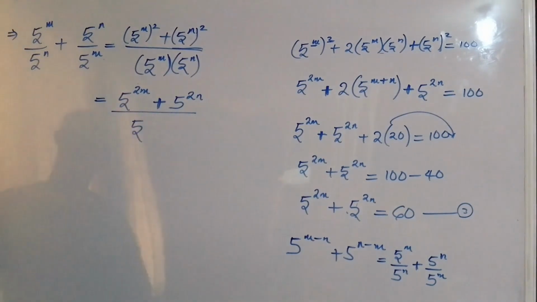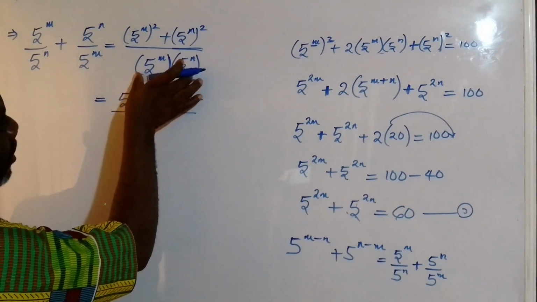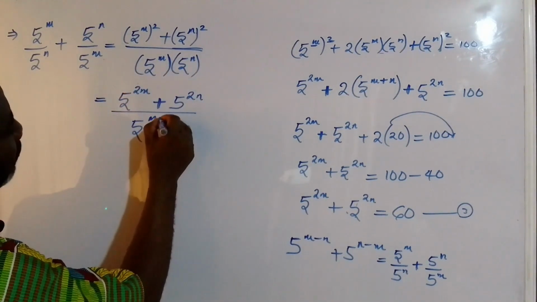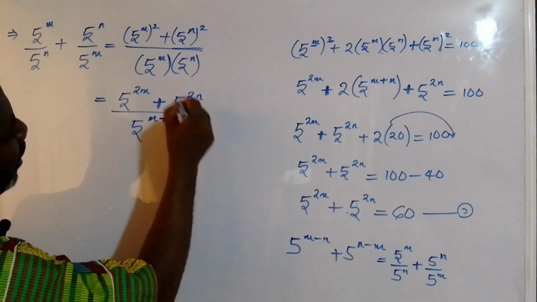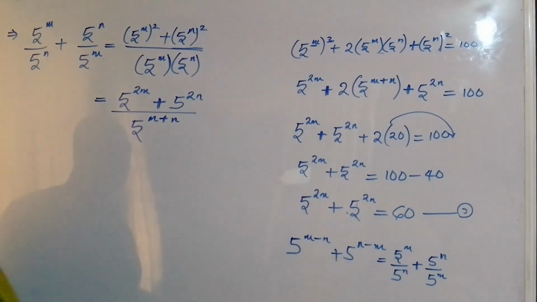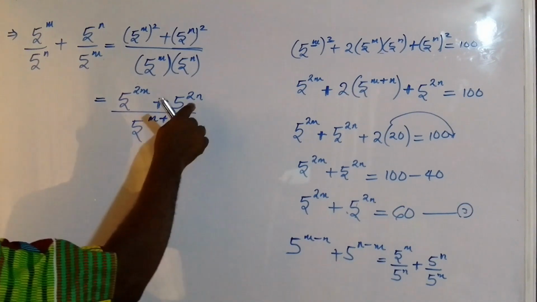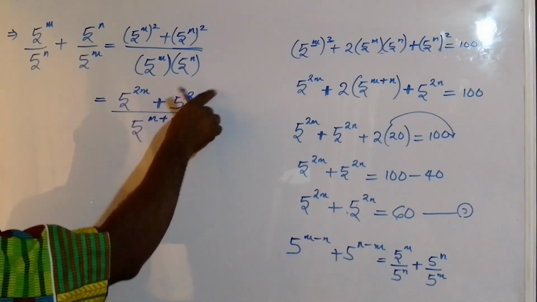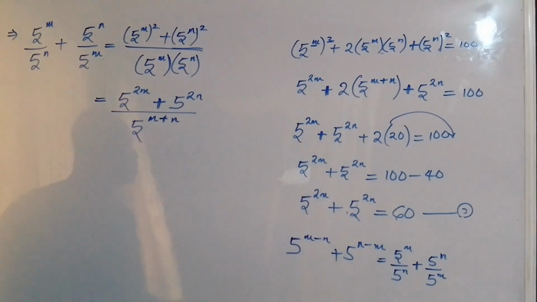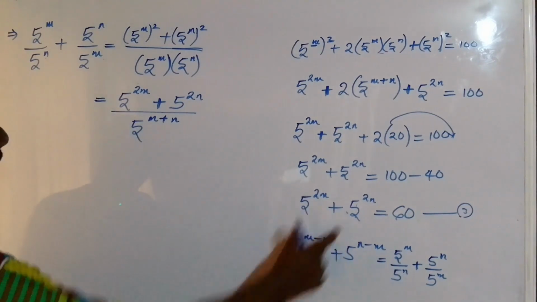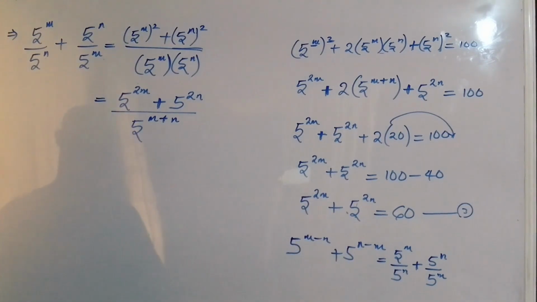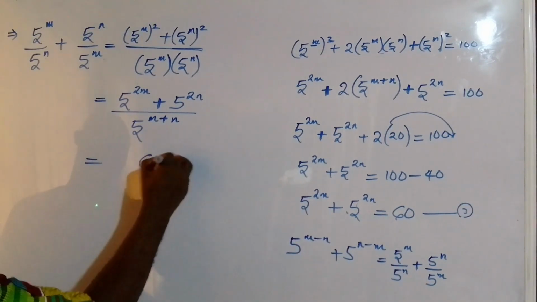And so I get here 5 to the power of 2m plus 5 to the power of 2n, all over 5 to the power of m plus n, since this is the product. Then we already know that 5 to the power of 2m plus 5 to the power of 2n is exactly the left hand side of equation 3, so that will give us a value of 60.